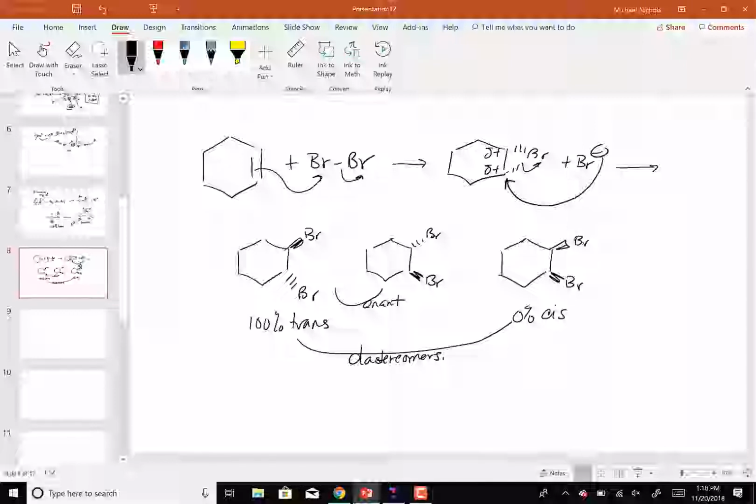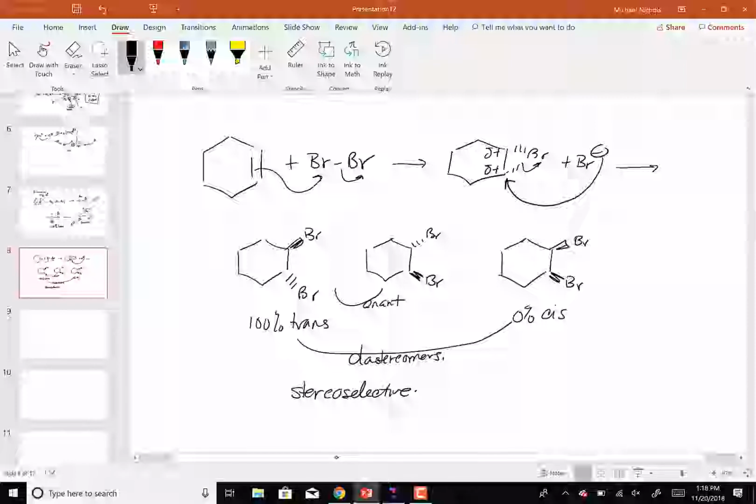So we have two possible stereoisomeric products. The reaction has chosen one over the other. Therefore, it's stereoselective. Is it regioselective? No, because I've got a symmetrical alkene and a symmetrical reagent. So there's no way it can be regioselective.